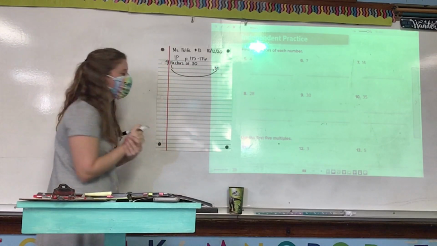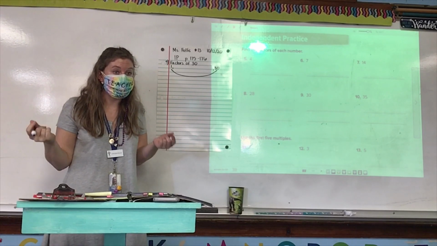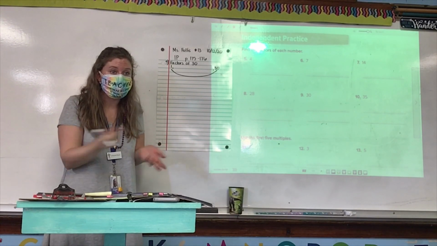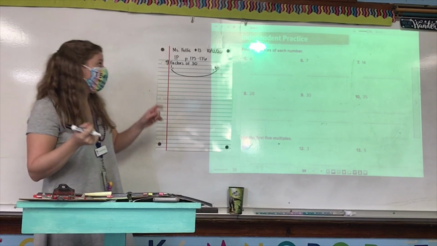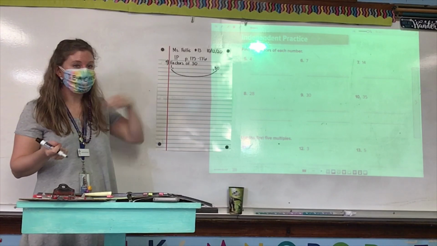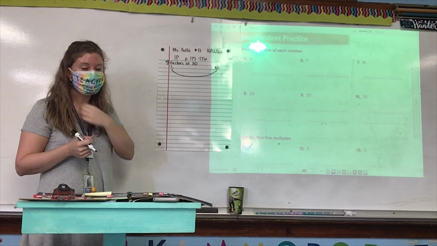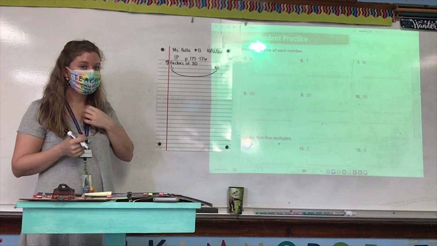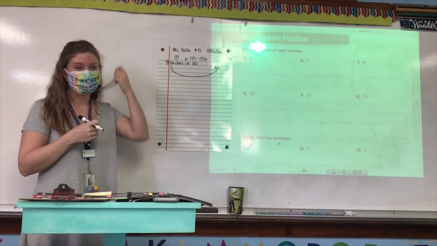Okay, now we have to think, is 2 a factor? Well, I know there's no basic facts, because 2 times 12 is 24, which is less than 30. But I can tell that 2 is going to be a factor of 30 because 30 is what type of number? What's the first thing we look at to figure out if a number is a factor of 2?